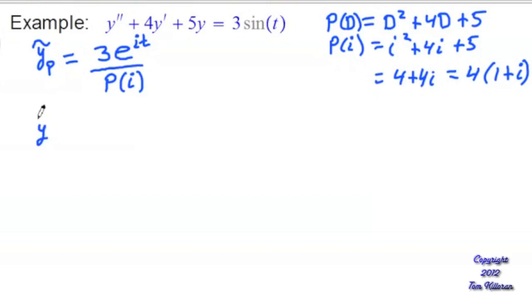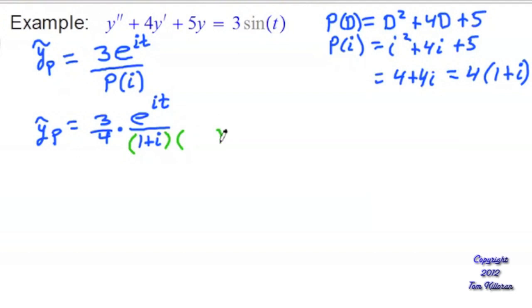So I get this complexified y_p is equal to 3/4, so I'll pull that 4 out front, times e^(it) divided by 1 + i. Okay. And what I need to do is rationalize the denominator, get rid of the i's in the denominator.